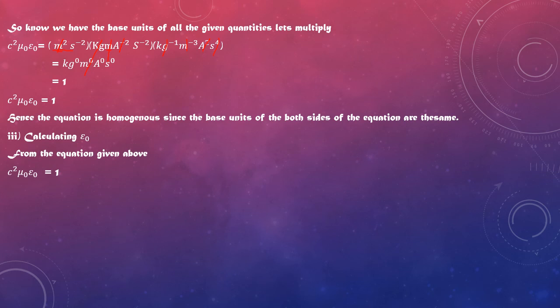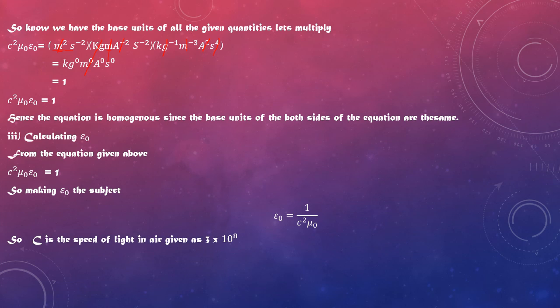Now from the equation above, c squared mu naught epsilon naught equals 1, we are going to make epsilon naught the subject of the formula, where we have 1 on c squared times mu naught. Hence you need to know the speed of light is given by 3 times 10 to the 8, and mu naught is given as 4 pi times 10 to the negative 7.